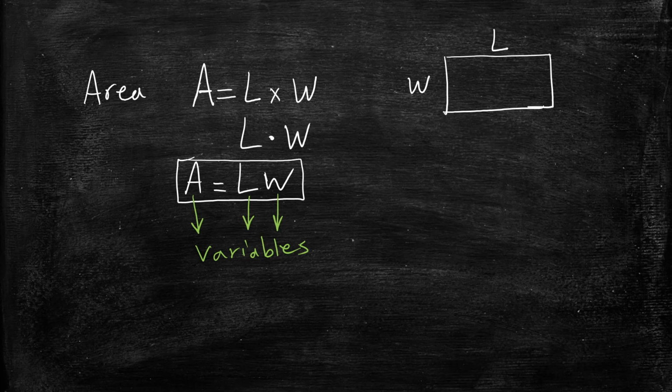They vary depending on what room, what rectangle you're measuring. So the length of your room could be something, the length of another room could be something else. So they're not fixed values, they're not constants, they change. That's why we call them variables.